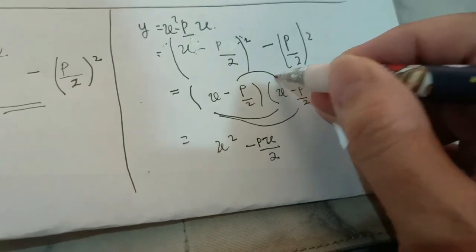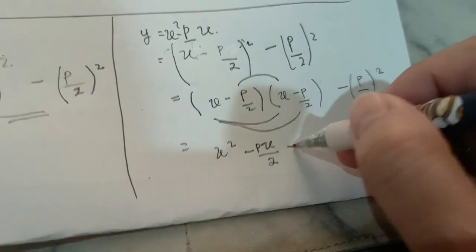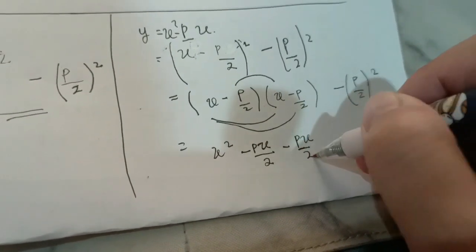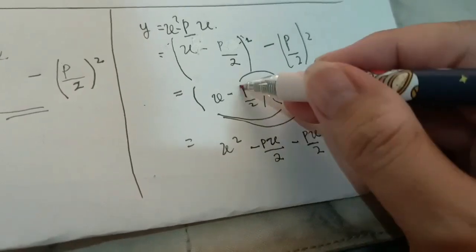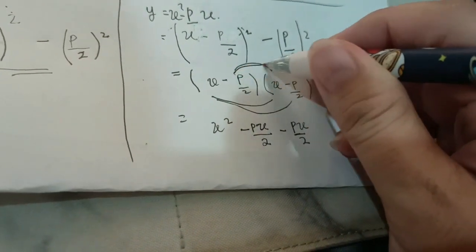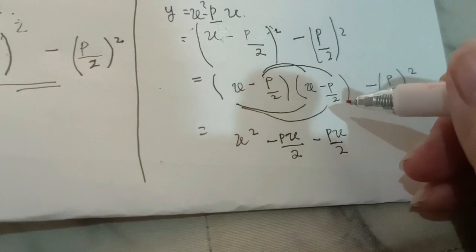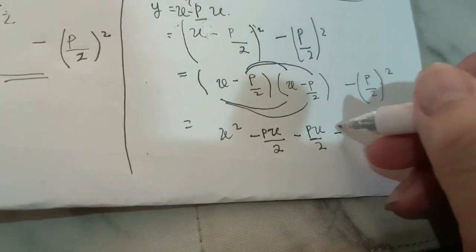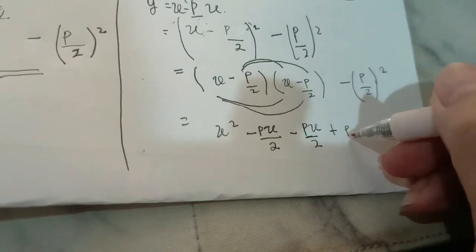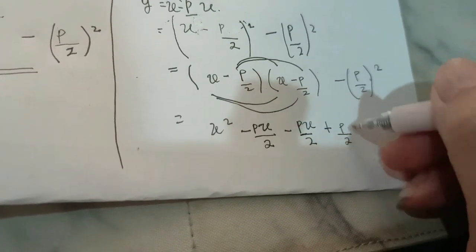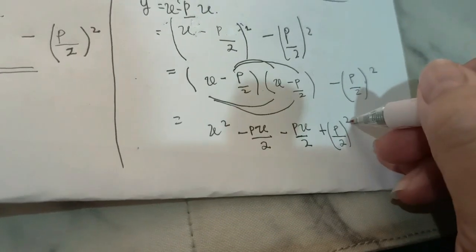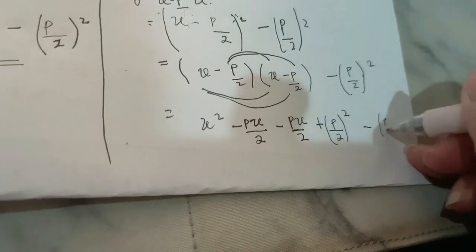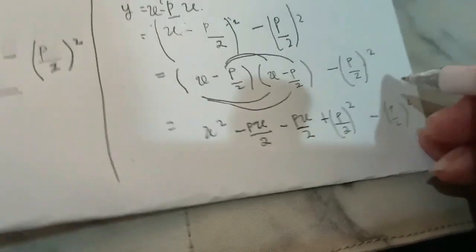Minus p per 2 multiply x is minus px per 2. Okay, this one minus p per 2 multiply minus p per 2 is plus p per 2 quadrat, right? Then we minus with p per 2 quadrat.